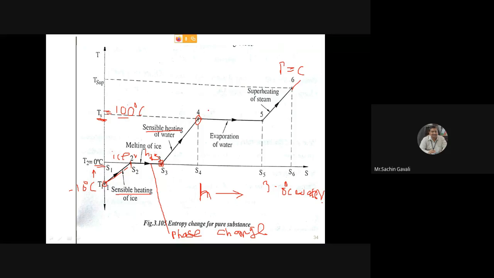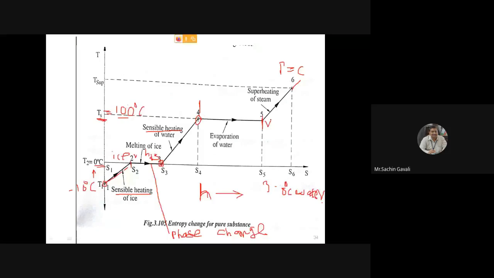And if we add heat at this juncture, whatever heat we are giving is used for change of phase from water to vapor.